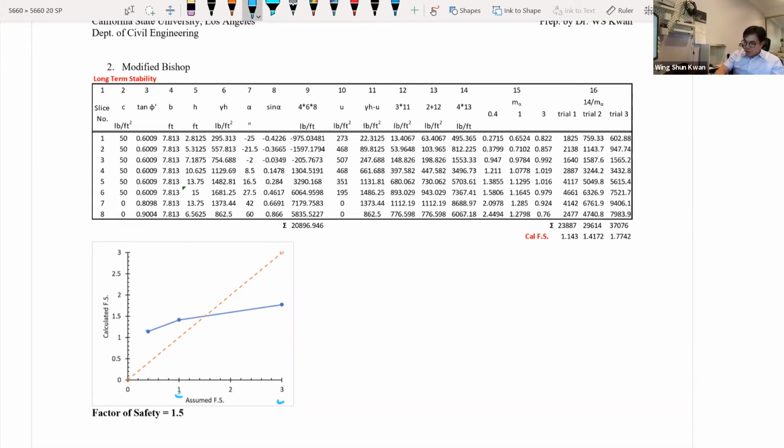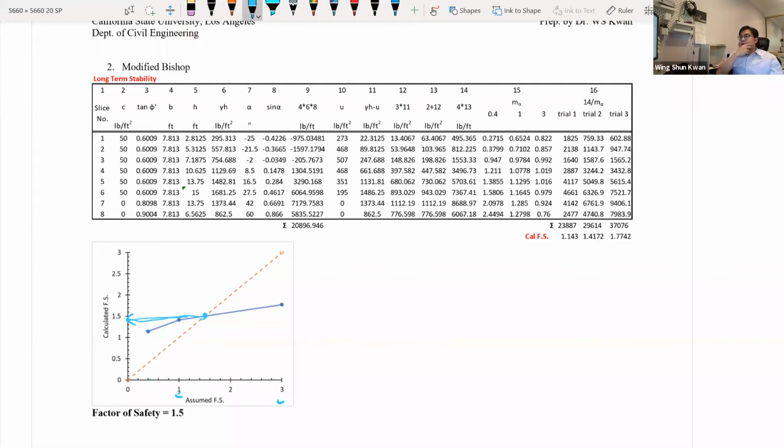So 0.4, 1, and 3. I do it 3 times, and I get 3 different factors of safety. At the end of the day, I plot the same graph, and the intersect point is my final factor of safety right there, slightly less than 1.5.